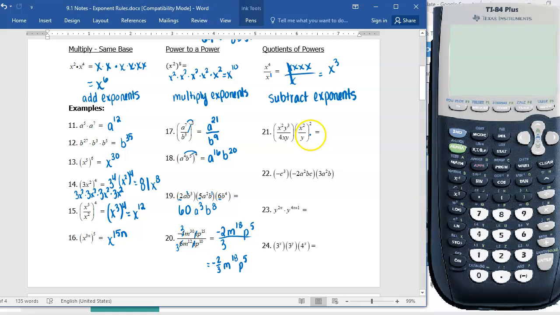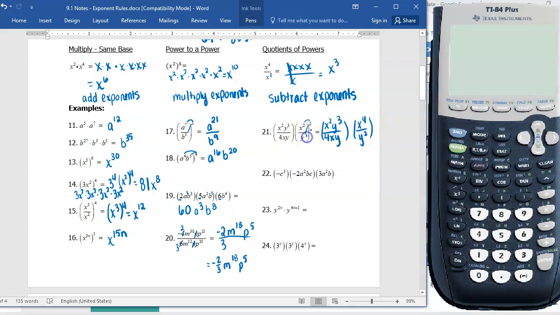Okay. For number 21, you have to do this power here before you can combine these two. So if you do this power, the first parenthesis stays the same, x squared y to the 3rd over 4xy, times x to the 4th over y squared.